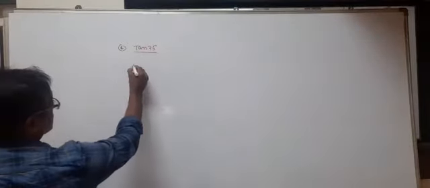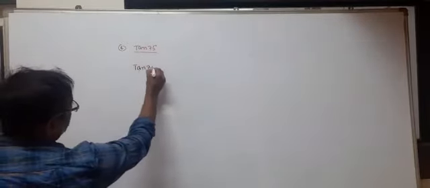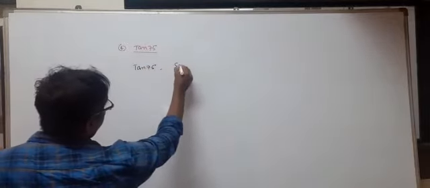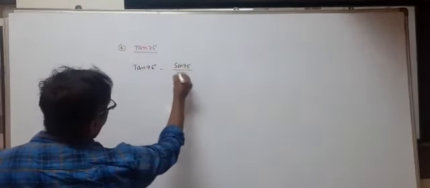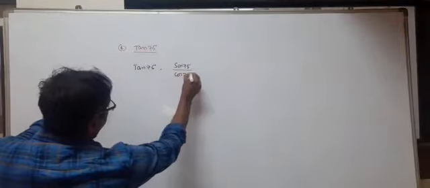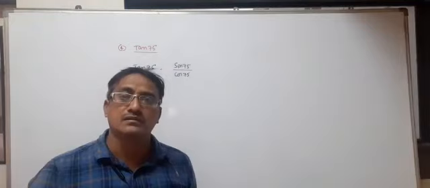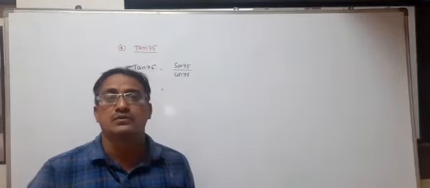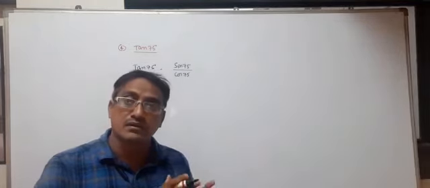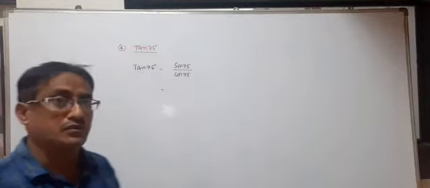Now next one is tan 75 degrees. Now tan 75 degrees can be written as sin 75 by cos 75 degrees. You know the value of sin 75, root 3 plus 1 by 2 root 2, and cos 75, root 3 minus 1 by 2 root 2.